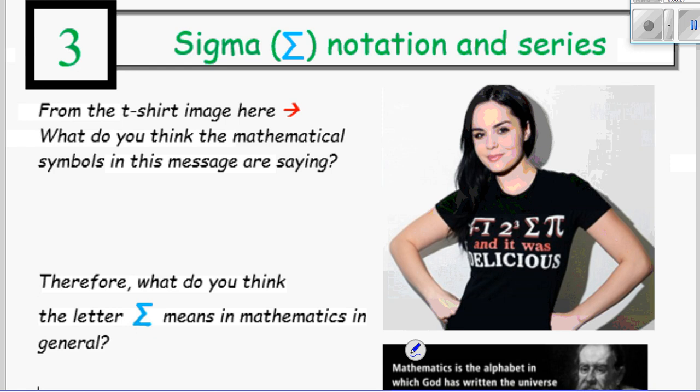So from the t-shirt image here, as you said, what do you think the mathematical symbols are saying? So it's that being the square root of -1. I'm not sure what it is. This thing, see that thing is the one from here? That means all. Yep. So that one is i for imaginary.